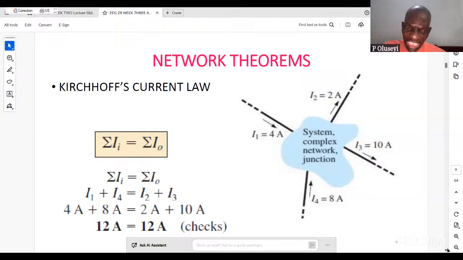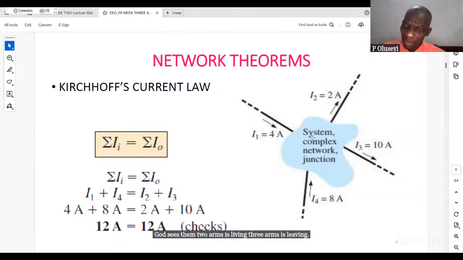So I have it again here to show you. Look at this: 4 amps is going into that system, 2 amps is leaving, 10 amps is leaving, 8 amps is coming in. Here we use the algebraic sum of all the current in and all the current out.